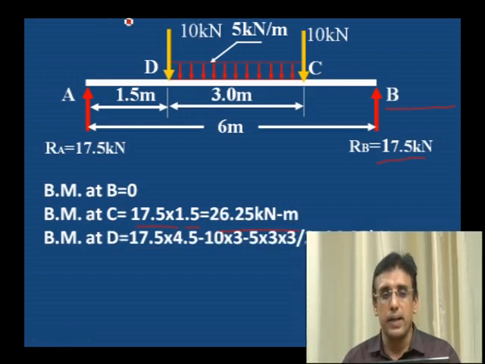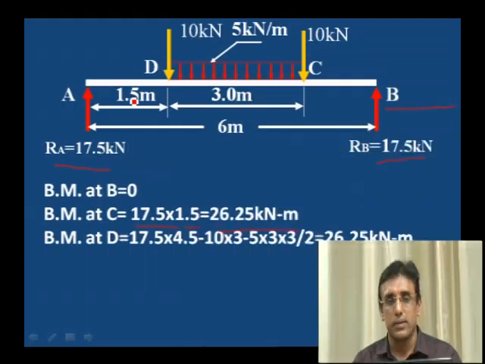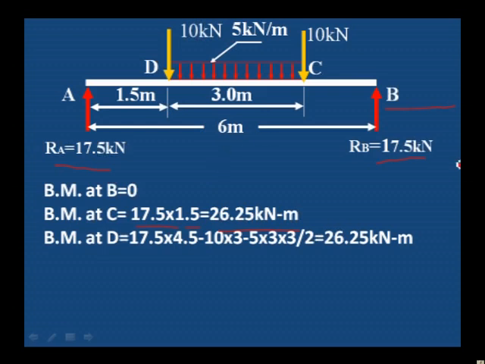Bending moment at D. We can calculate the bending moment at D as RA into distance, which is also equal to the moment due to the right side loads. 17.5 is the RB value, into the distance from D to B, which is 3 plus 1.5, that is 4.5, minus 10 kilonewton into the distance from D to C, which is 3 meter, 10 into 3.